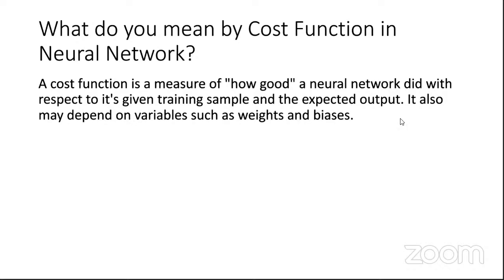This is what the cost function gives us. The cost function depends on weights and the bias. While training the neural network, weights and biases are updated so that the cost function will be reduced.